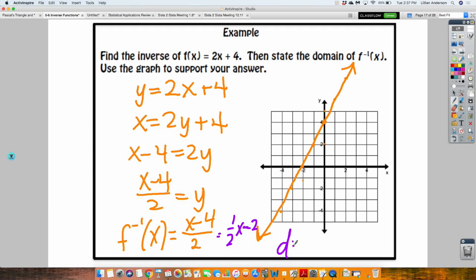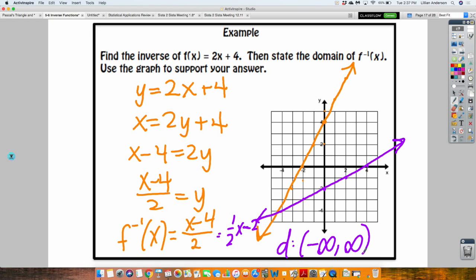A line that has a y-intercept at -2 and has a slope of up 1 over 2, or down 1, left 2. So yes, all lines' domains are negative infinity to infinity.